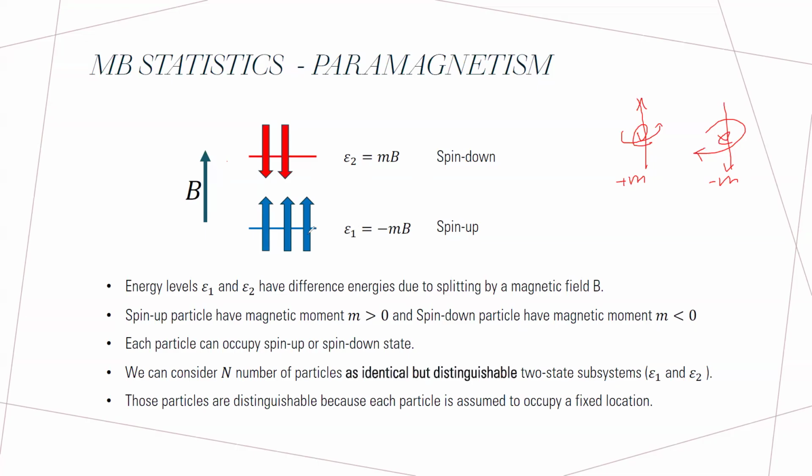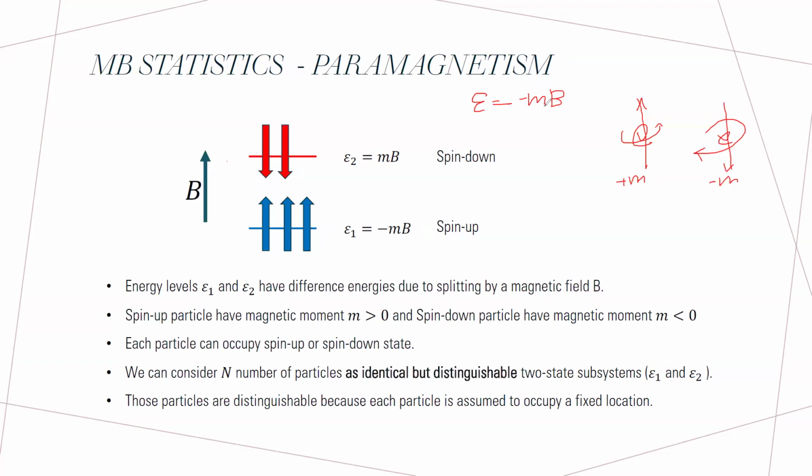The energy state of the spin-up particles, epsilon 1, is equal to minus mB, and the energy state of the spin-down particles has the energy of mB. Because energy is given by minus mu B.